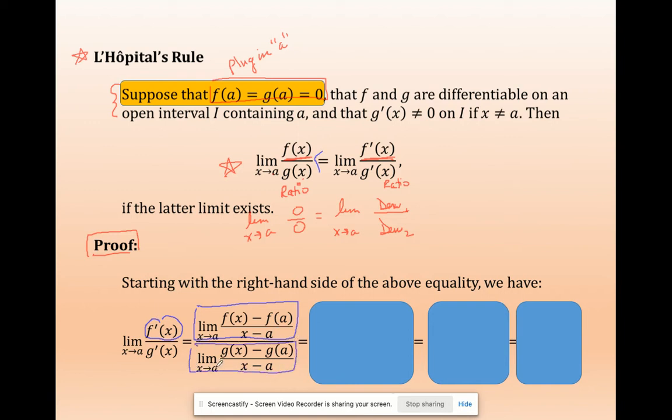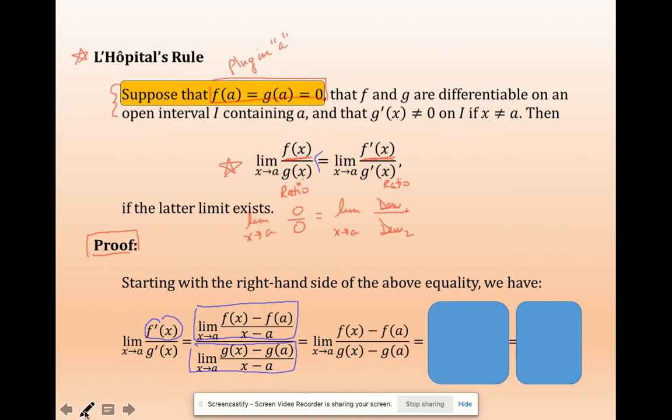G prime is the limit as x approaches a of y2 minus y1 over x2 minus x1. But remember, the limit of the quotient of two limits is just the limit of the quotient, right? And what happened to the x minus a's? Do you see what happened there?